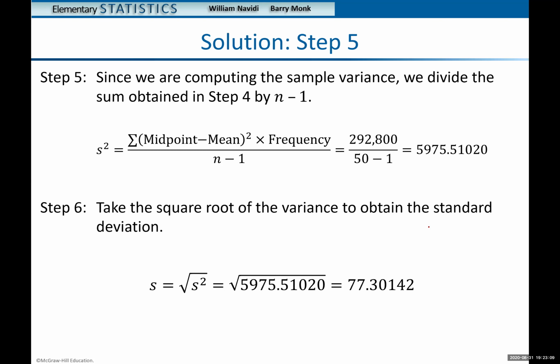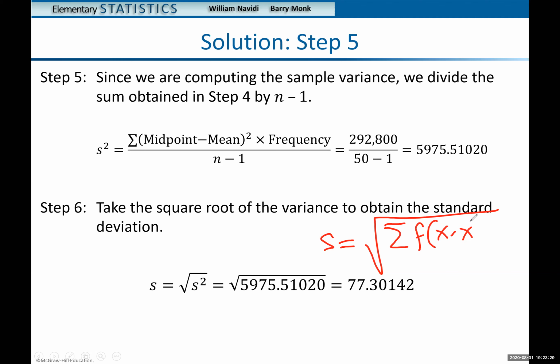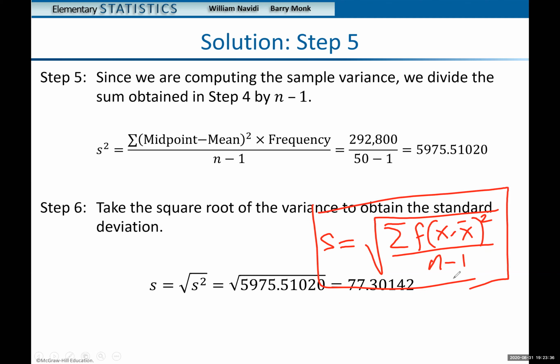So meaning this, the formula for standard deviation is the square root of the summation of f times (x minus the mean) squared, all over n minus 1.